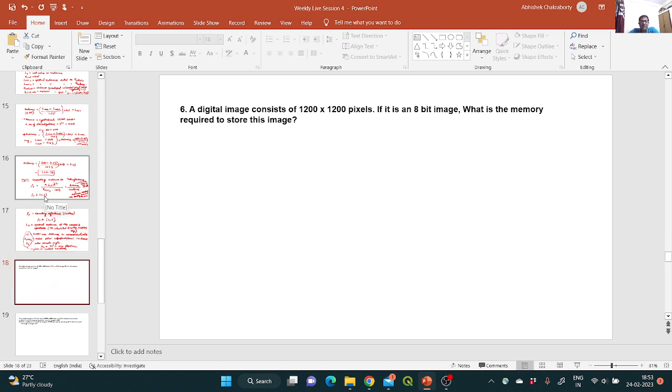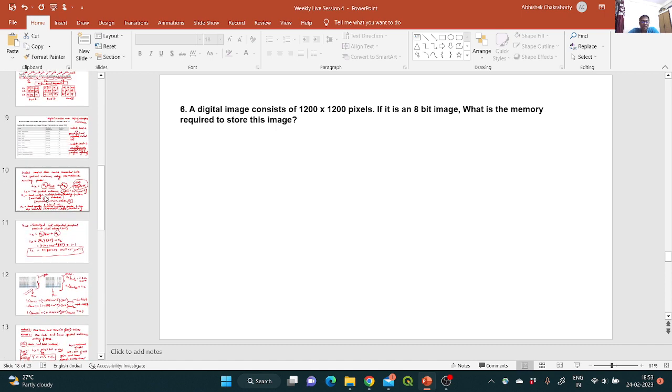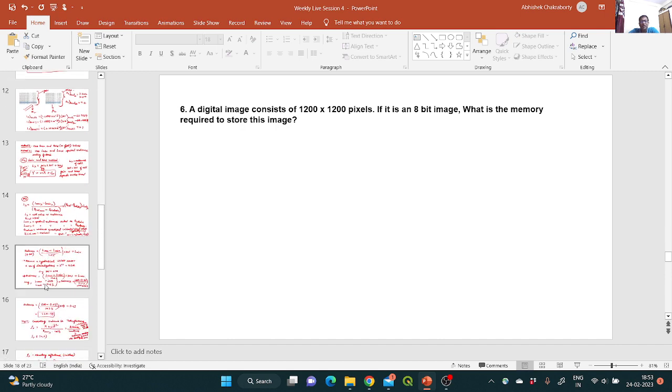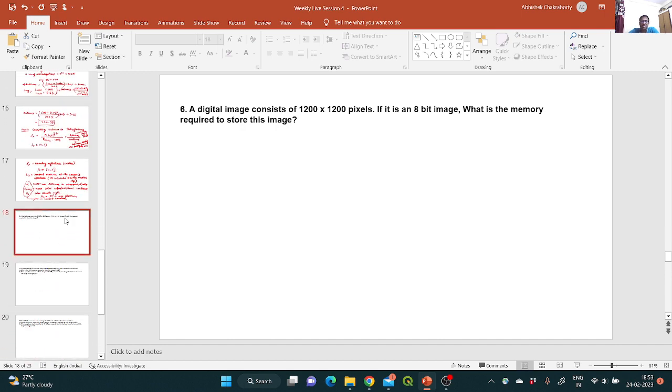So we have transitioned from the questions based on the conversion of digital number to spectral radiance to now the storage requirement of the sensor. A digital image consists of 1200 by 1200 pixels. If it is an 8-bit image, what is the memory required to store this image? Okay.